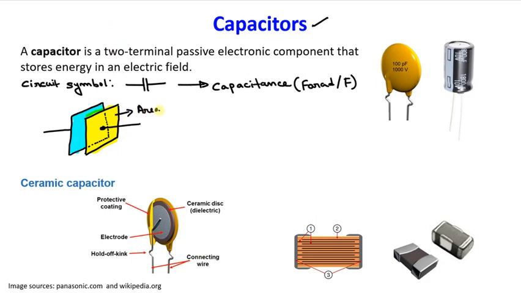Now if the area of each plate is A, and the dielectric constant of the material between these two parallel plates is epsilon, and the separation between these two parallel plates is, not looking good, let me take some other color. Yeah, now it looks prominent. And the separation between these two parallel plates is D.